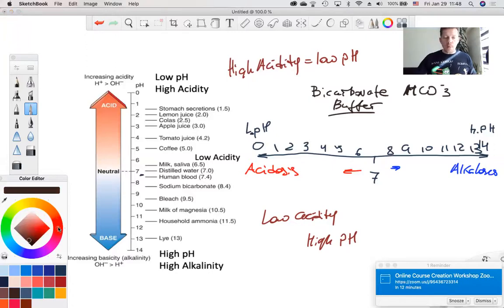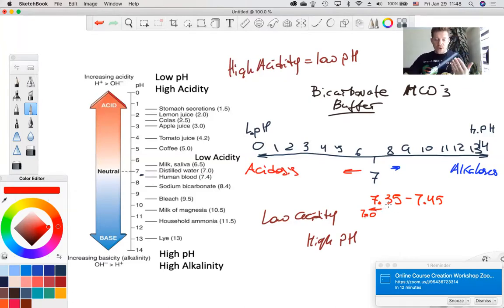But for blood, the neutral pH range would be from 7.35 to 7.45. So when your blood pH is, let's say, 7.0, it is acidic, and you are in acidosis, because neutral pH for blood is 7.35.